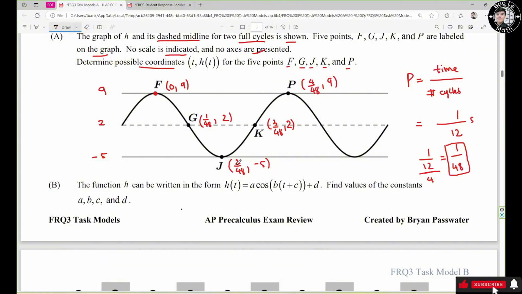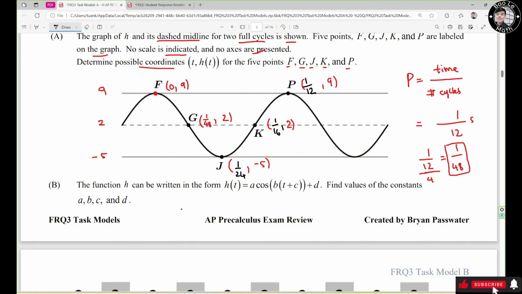You can simplify this. 2 over 48 should be 1 over 24. Now 3 over 48 means 1 over 16. And this one, 4 over 48, means 1 over 12.